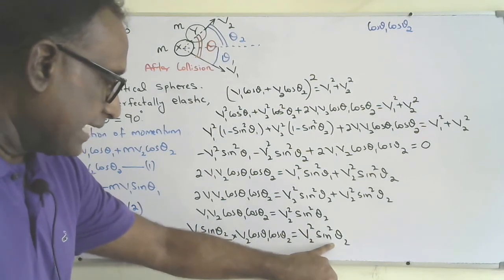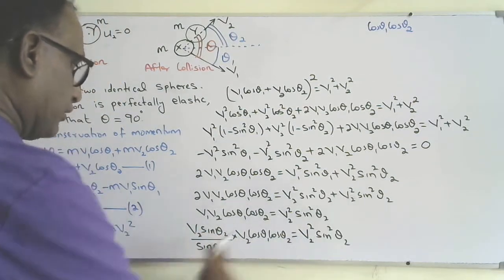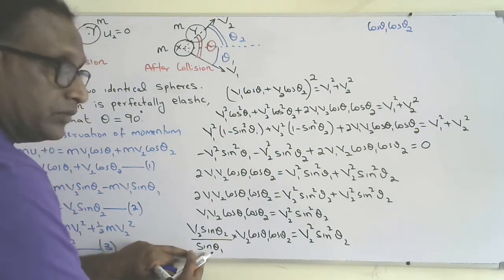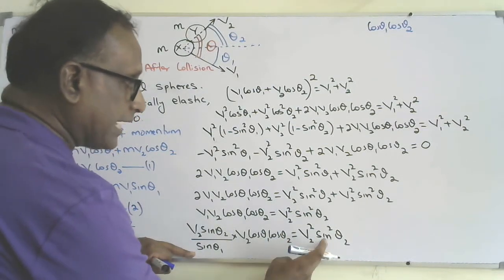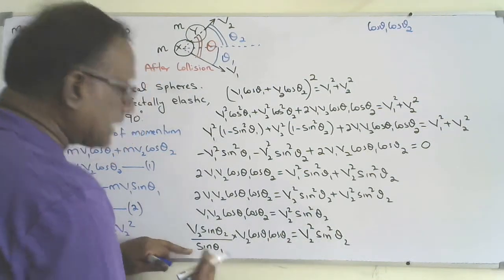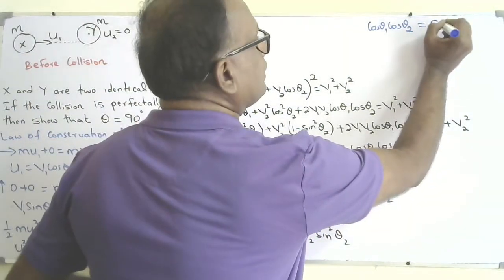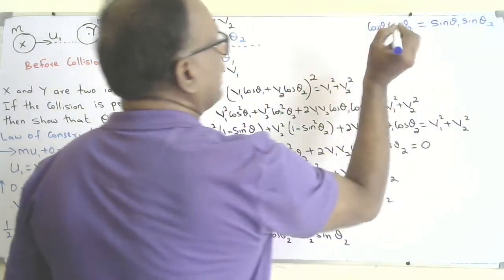So here the sine theta 2 will remain. Then I'm going to multiply the whole equation by sine theta 1. So this will be cross multiplied to this one. So it will become sine theta 2 into sine theta 1, equal to sine theta 1 sine theta 2.